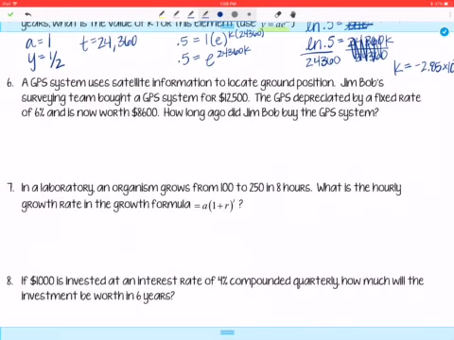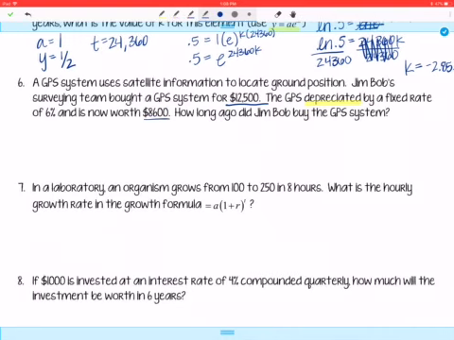Number 6, a GPS system uses satellite information to locate ground position. If Jim Bob's surveying team bought a GPS for $12,500, the GPS depreciated, so that's a decay, by a fixed rate of 6% and is now worth $8,600. How long ago did they buy the GPS system?